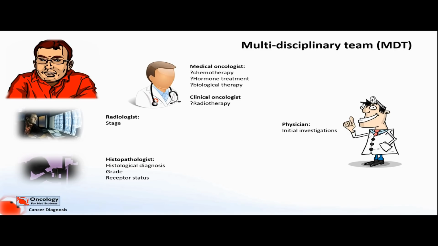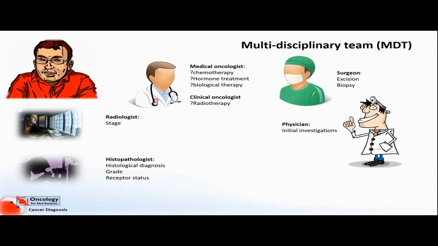On one hand, we have medical oncologists who specialise in chemotherapy, hormone treatment and biological therapy. Then we also have another specialty known as clinical oncology. Clinical oncologists, on top of giving or making decisions about chemotherapy and some other treatments, also specialise in radiotherapy.